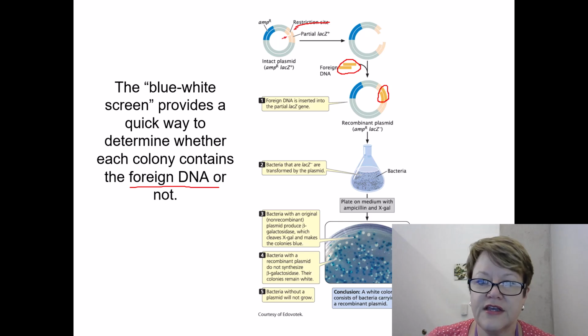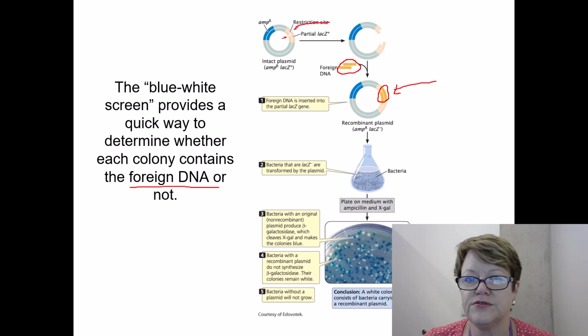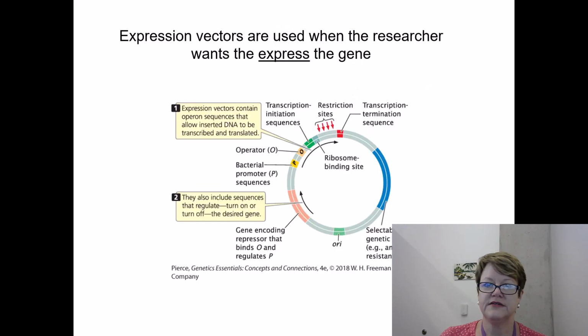So any colony that comes out white, it tells you that the LacZ gene has been interrupted by your fragment. Any colony that's blue doesn't contain any foreign DNA fragment. So it's just a trick. We use these different tricks to help us sift through all of the cells that we get on these plates.